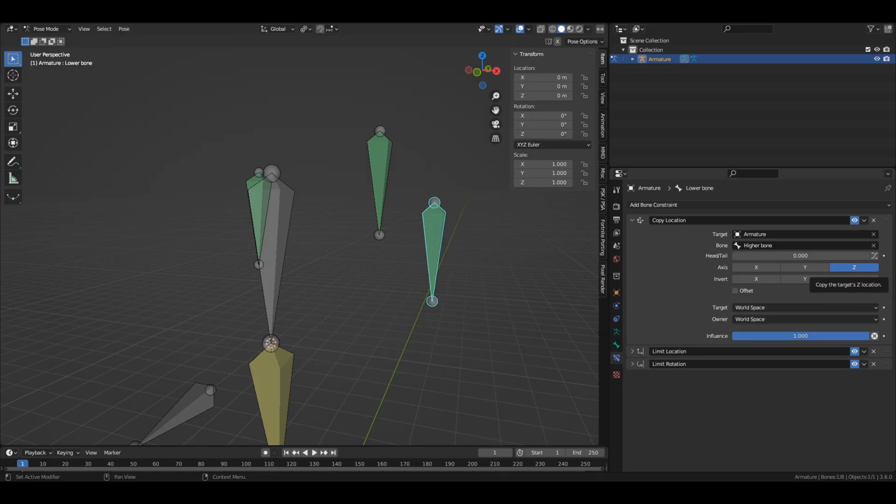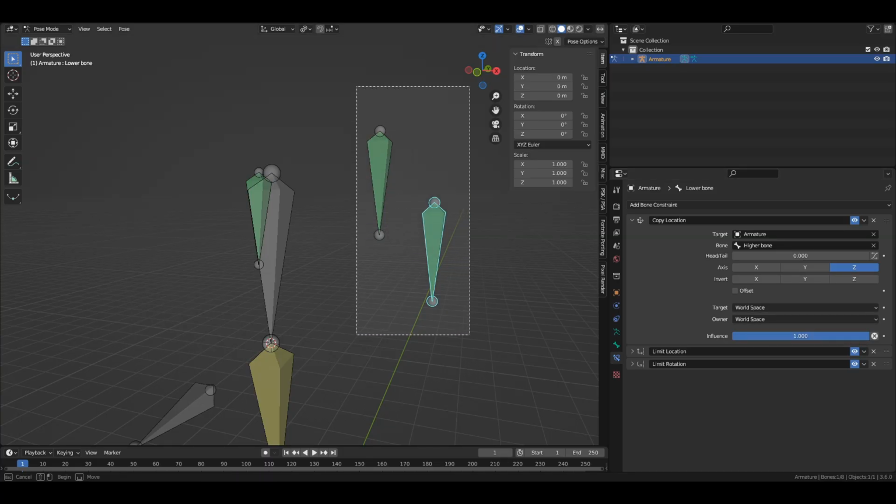But why the z-axis if it could be the y location on the local space? Because copy location does weird behaviors if you don't set it up correctly, not because of bugs, but because of how it's set up. You don't remove the offset and you put the target world space.